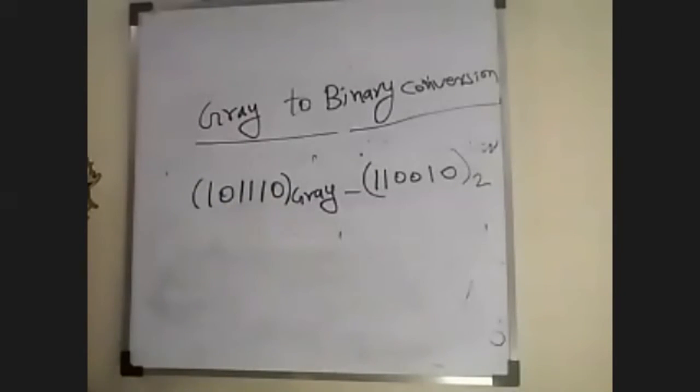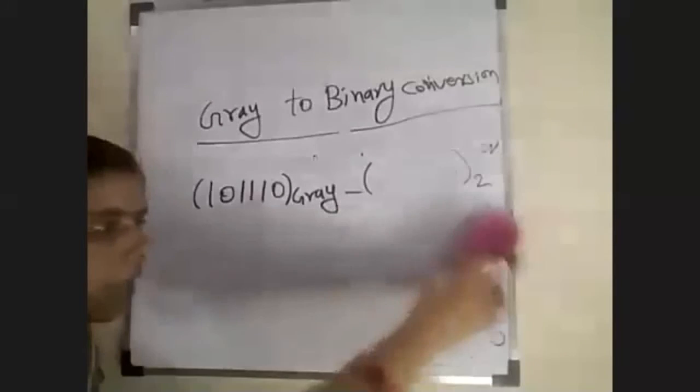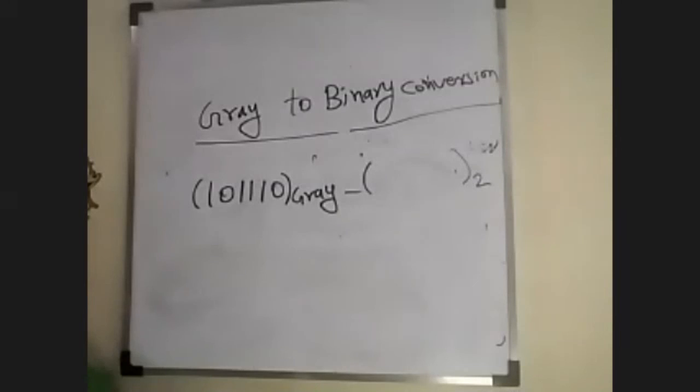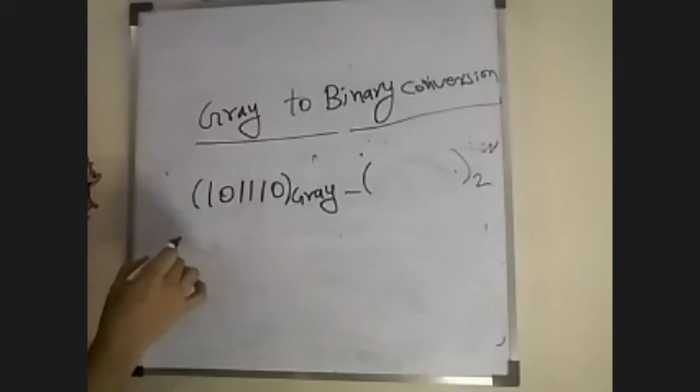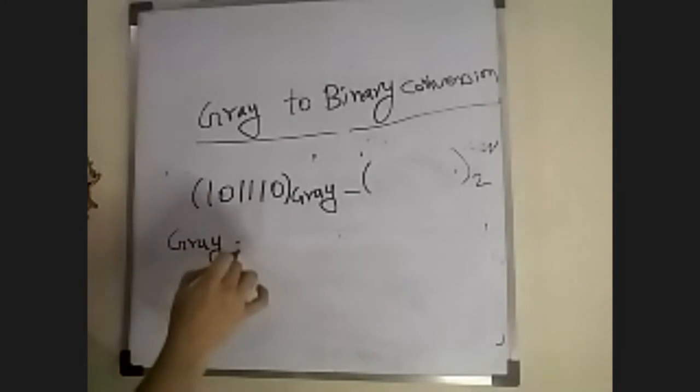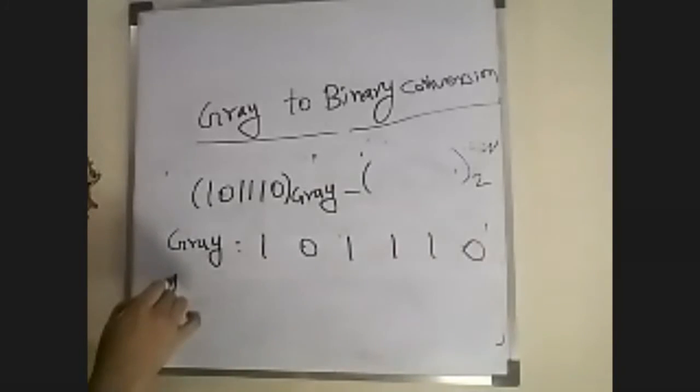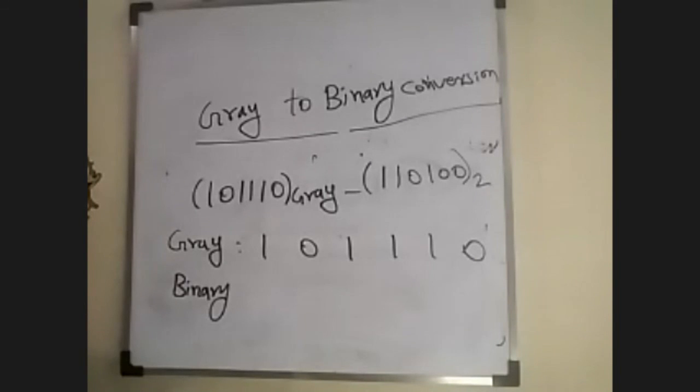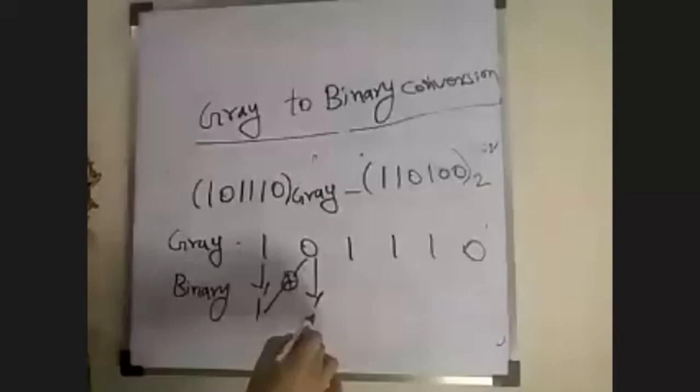Gray code 101110, convert that gray code to binary and tell me the result. 110100, is it correct? Everyone got this answer?